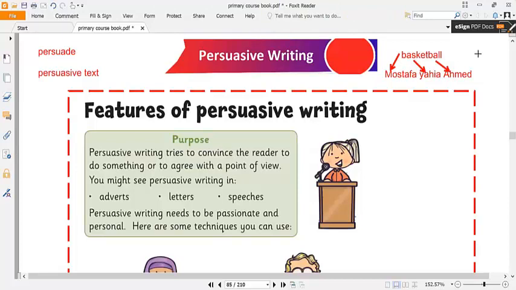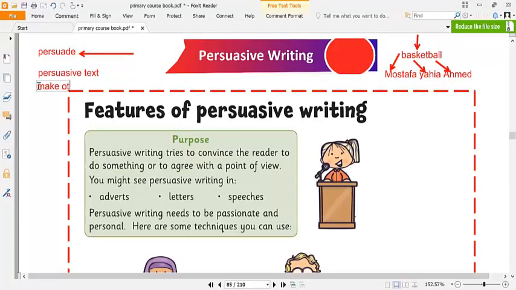So Kareem will ask, will you play basketball with me? No, we won't play. So Kareem now has only one option. What is this option? To use strong opinion with strong reasons to persuade us. So persuade means to make others accept your opinion.